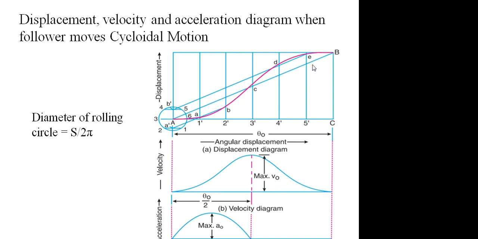Parallel to this line AB, draw a line from point A dash. So draw a line from small a dash parallel to AB. Similarly, from small b dash, draw a line parallel to line capital AB. The line drawn from small a dash will intersect the first division and second division at small a and small b.